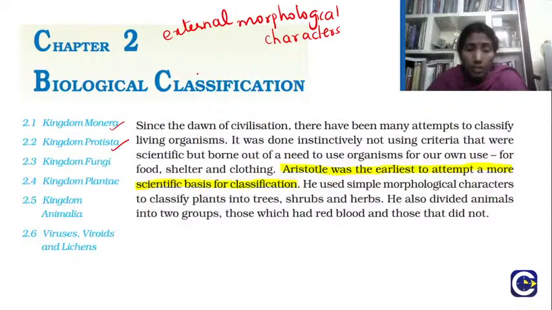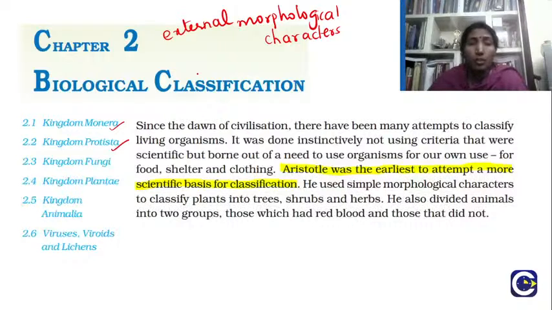So all the systems, whether it is the artificial system, the natural system or the phylogenetic system, each one will have its own basis. The artificial system of classification was based on the external or morphological characters of grouping the organisms, which Aristotle used.